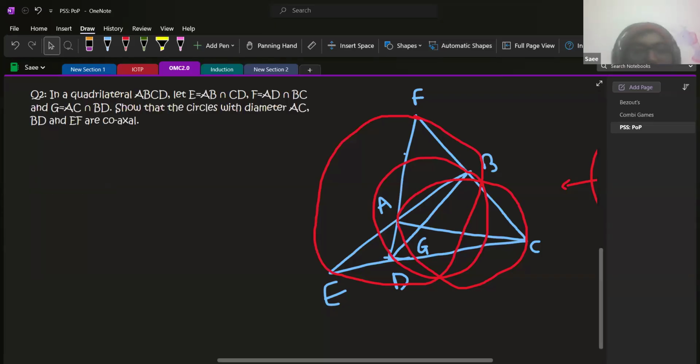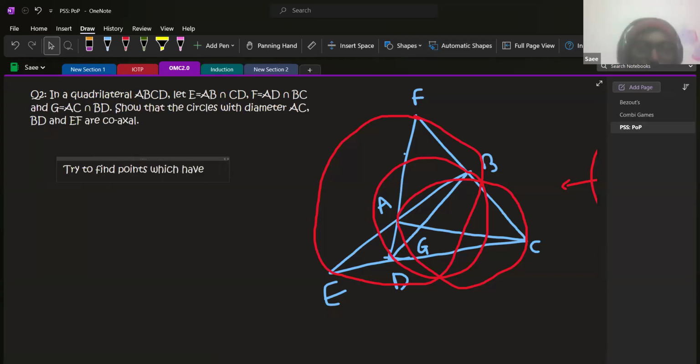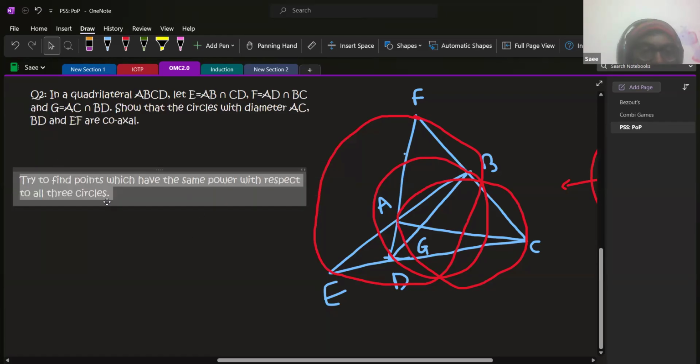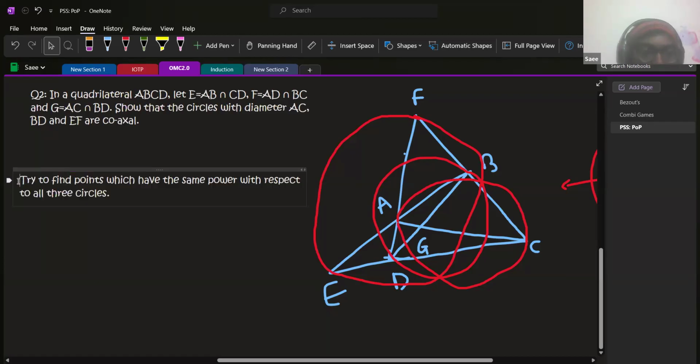So I think as somebody mentioned in the chat, try to find points which have the same power with respect to all three circles. Does this make sense? Can somebody explain why this would be a good idea?